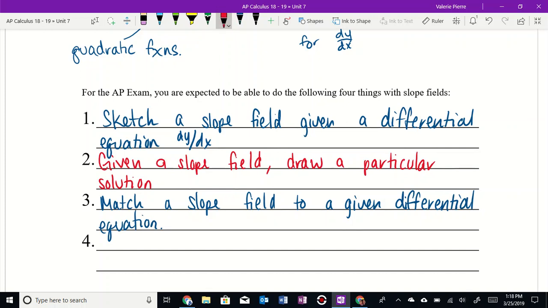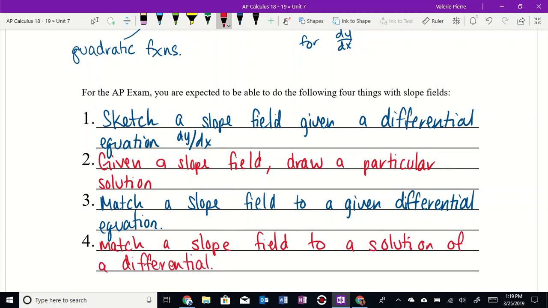And lastly but not least, match a slope field to a solution of a differential equation. So we'll get practice in all 4 of those things, some of which we'll practice in this packet, some of which we'll just practice in class or while we're reviewing.